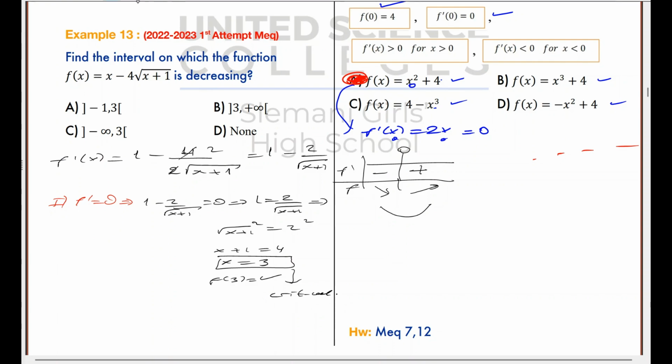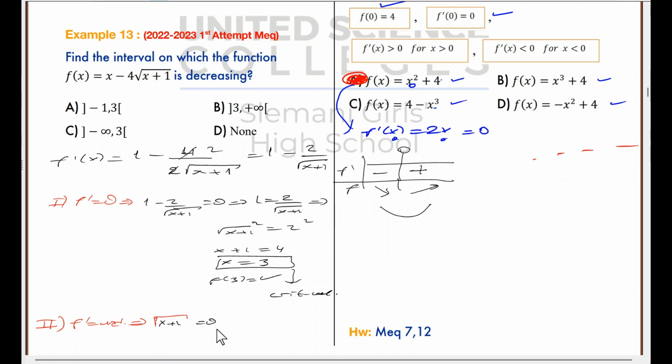What about the second case? Second case, f prime being undefined. In order for f prime to be undefined, the denominator should be 0 in this result. In the denominator, I see square root x plus 1.